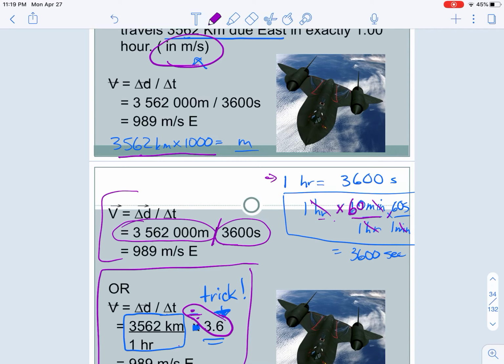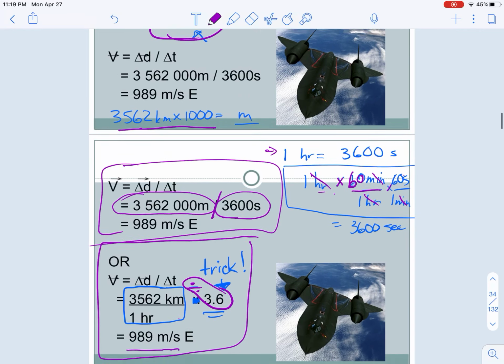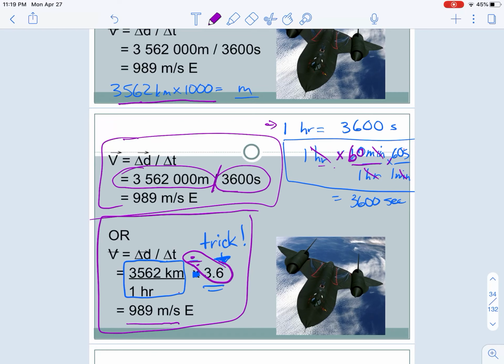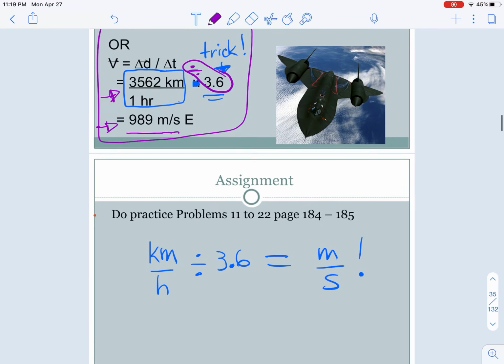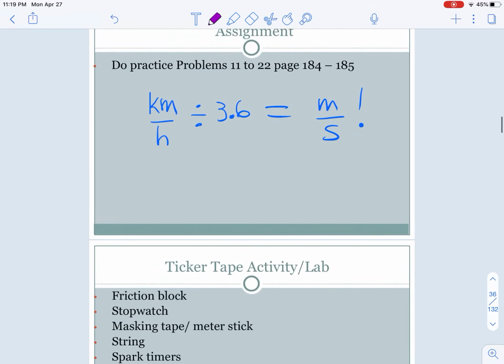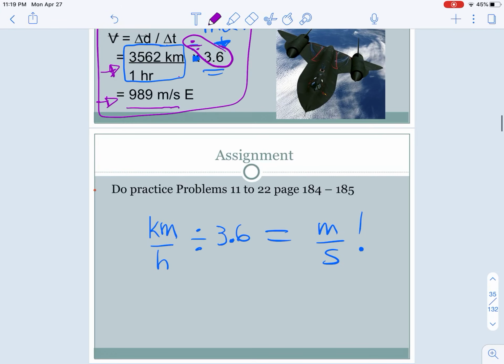And to get rid of the minutes here, you have to put 1 minute at the bottom, which has 60 seconds. So 60 times 60 here is 3,600. So that's how you would do this. But again, you do not have to do that if you just figure it out in kilometers per hour and divide by 3.6 to get your final answer of meters per second.